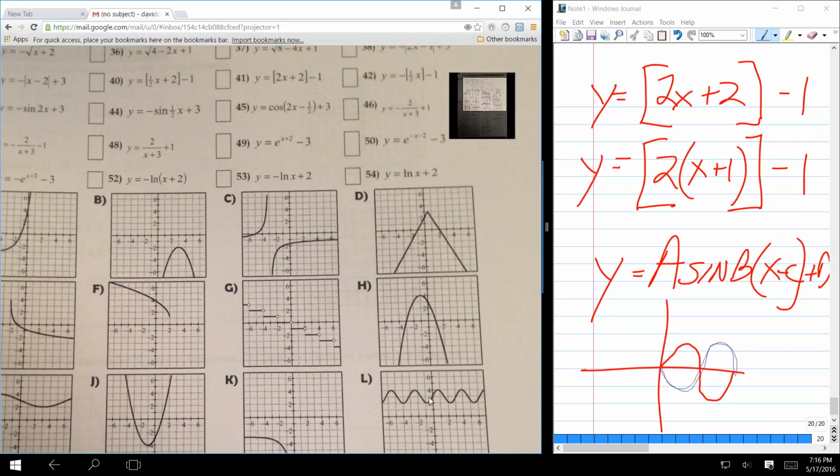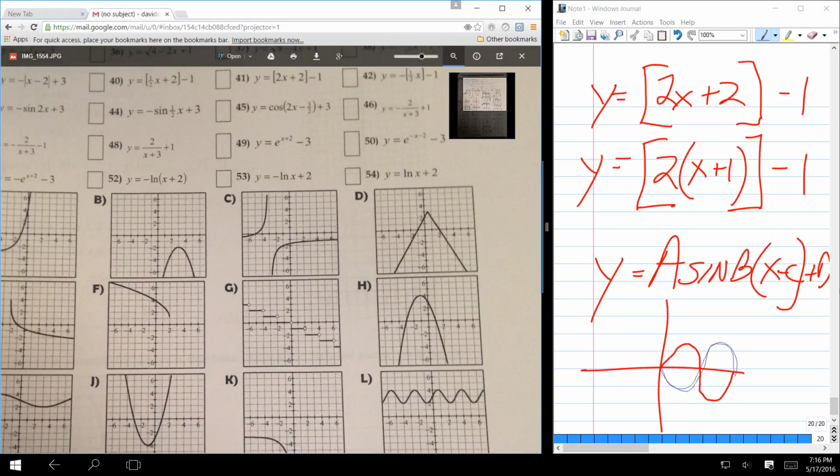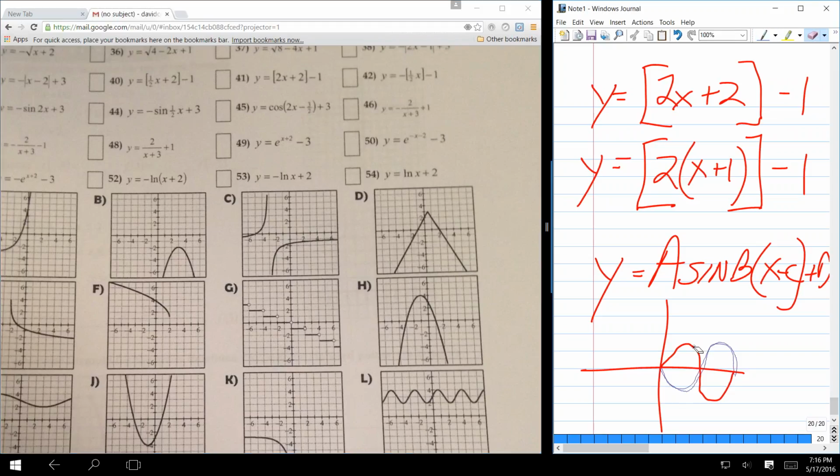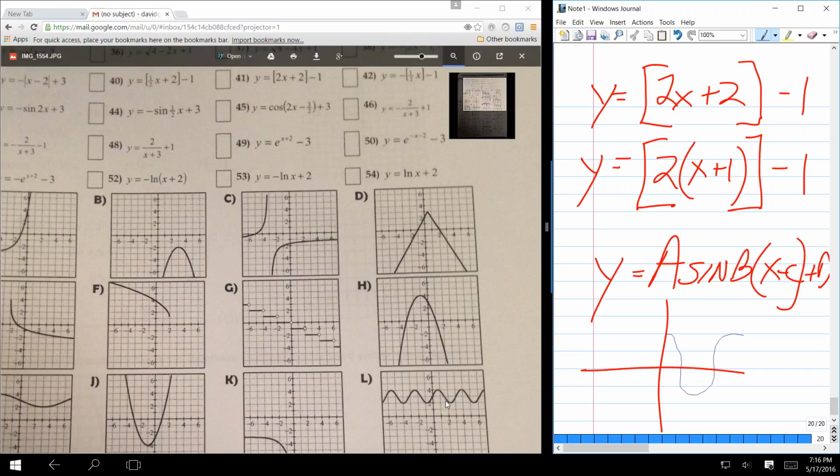That looks like a sine curve, but a cosine curve looks very similar. In other words, if I draw a cosine curve over here, it looks like this. Starts down, comes back up. That's not what L does, but there's also a horizontal shift in 45.